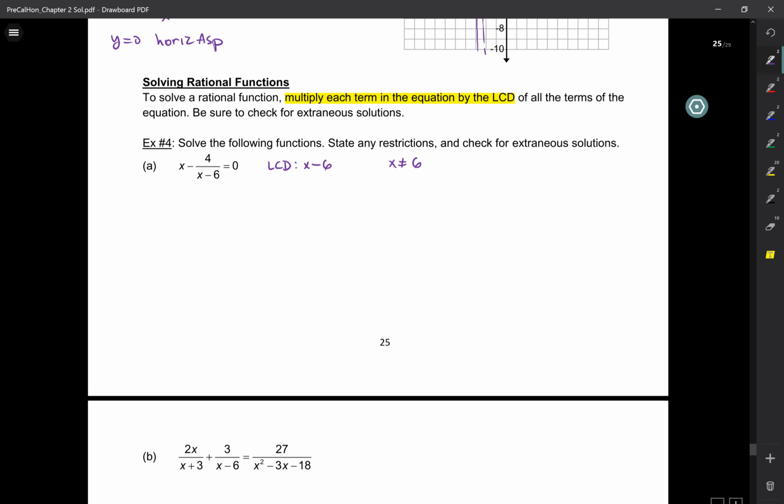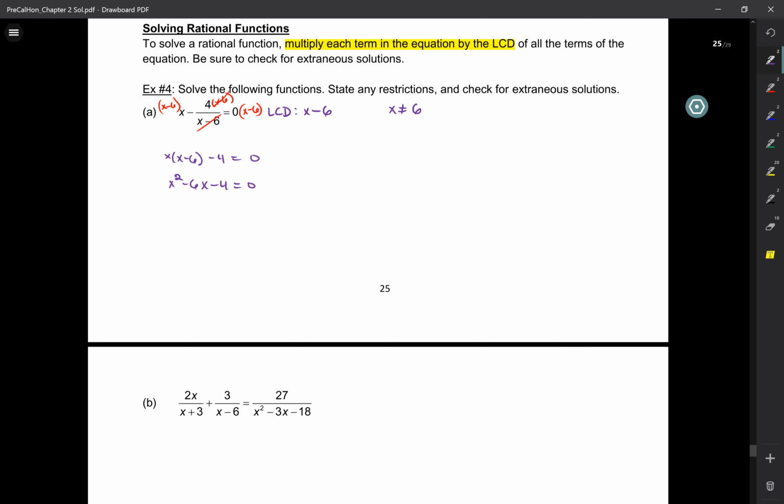So now I'm going to multiply every single term here by x minus 6. Every single term. These cancel. So I have x times x minus 6 minus 4 equals 0. x squared minus 6x minus 4 equals 0.